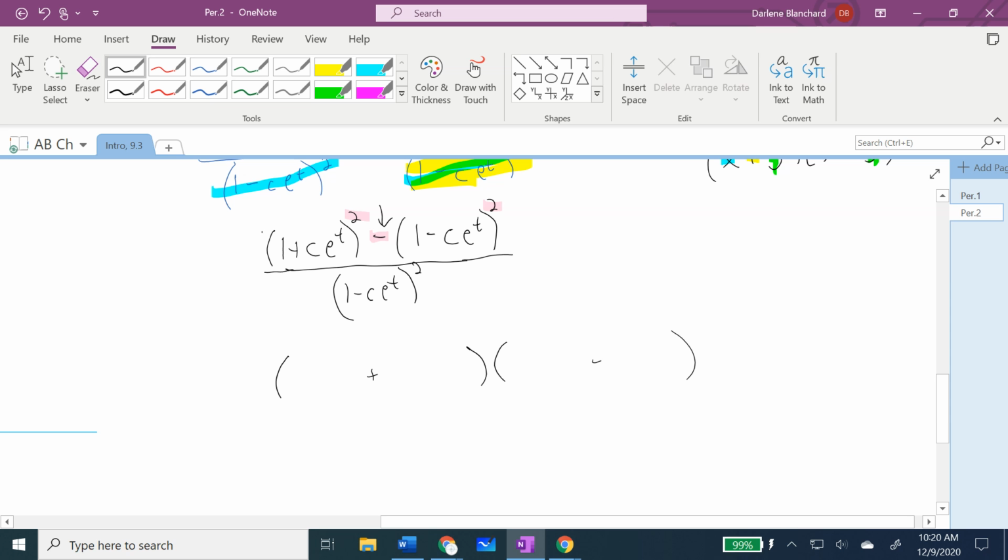Then I've got a first term of that difference of squares. Its square root is 1 plus c e to the t. I'm going to put in unnecessary parentheses just to help emphasize that we're square rooting that piece.